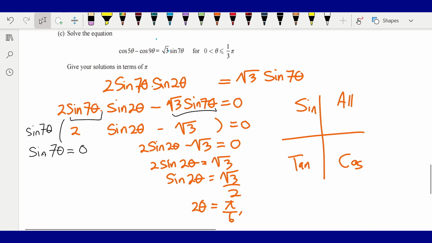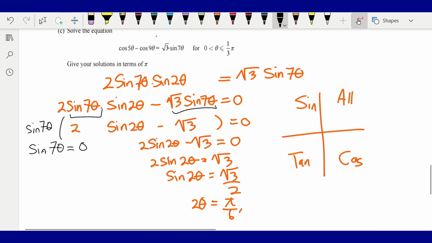So if we have pi over 6 in quadrant 1, to find the value in quadrant 2 is pi minus pi over 6.